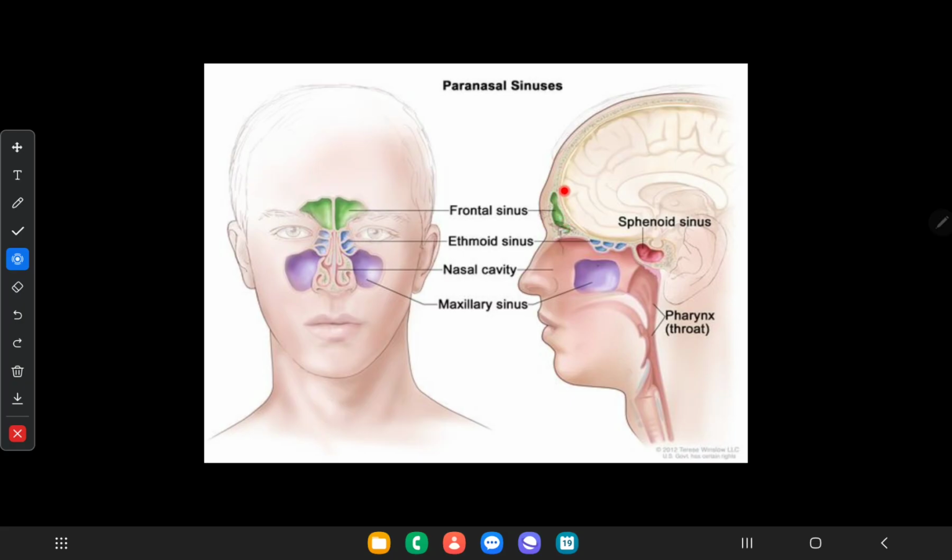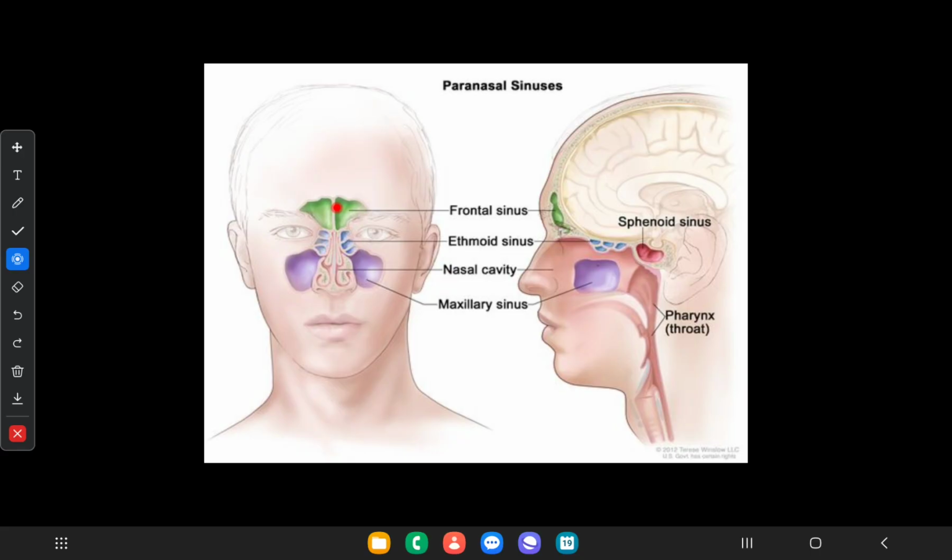You can see this is the inner table and this is the outer table. So the frontal sinus is in between the inner table and outer table of the frontal bone, above and deep to the supraorbital margins. The right and left sinuses are often asymmetrical as the septum between them is obliquely placed.